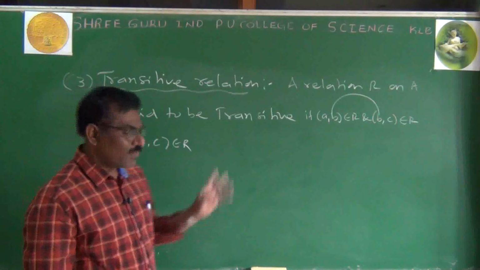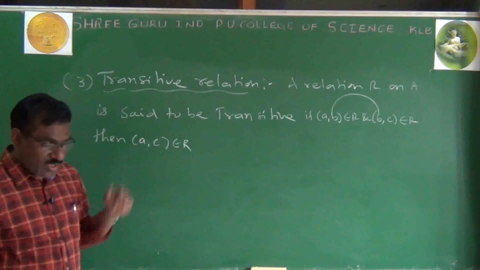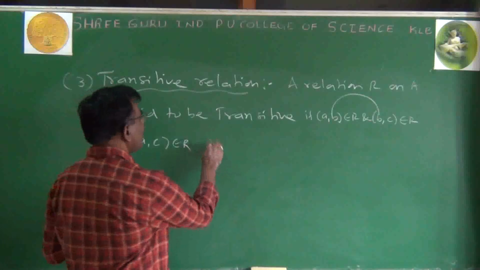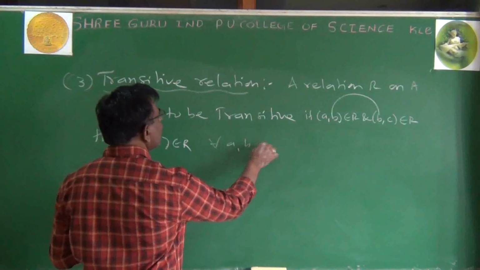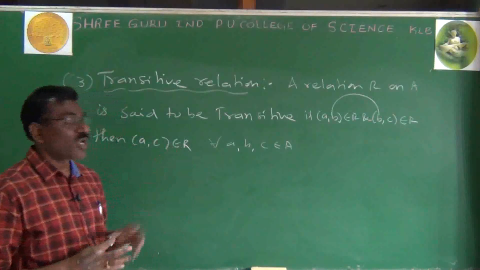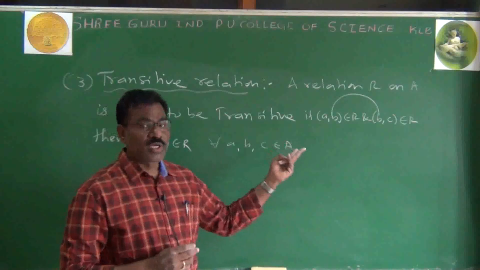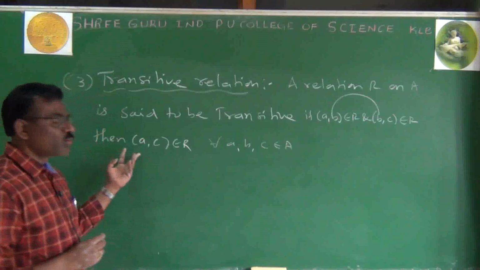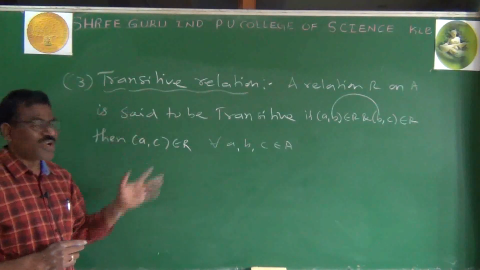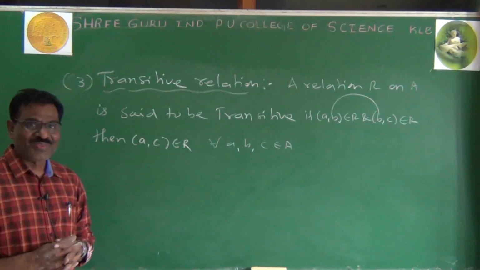Okay. So my question: how many elements are there? Yes, 3 elements. A comma B comma C belongs to set A. Given 2 order pairs, then we have to prove the third order pair. It is called a transitive relation. Okay?